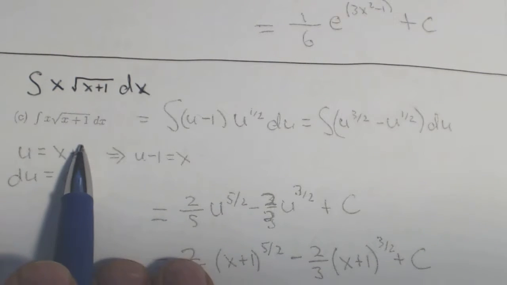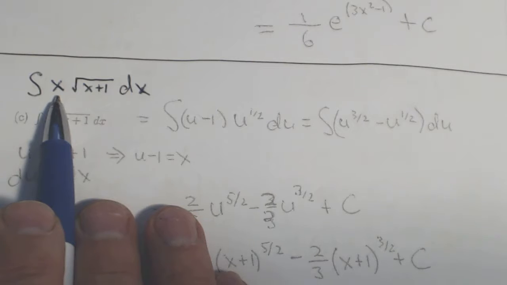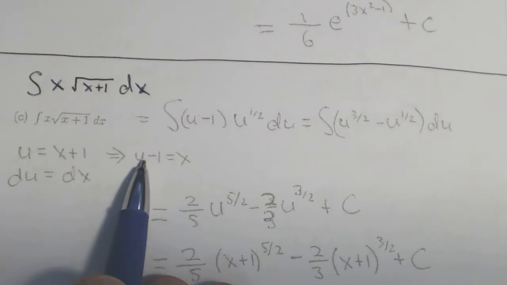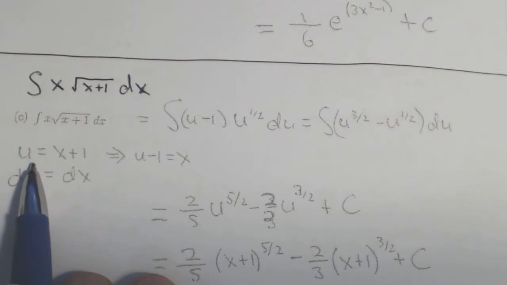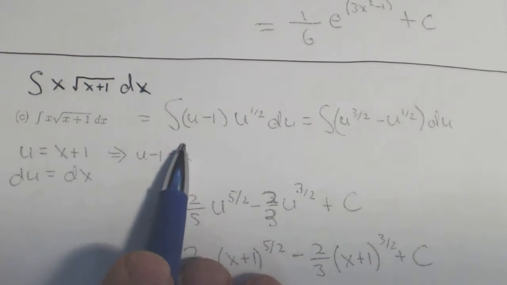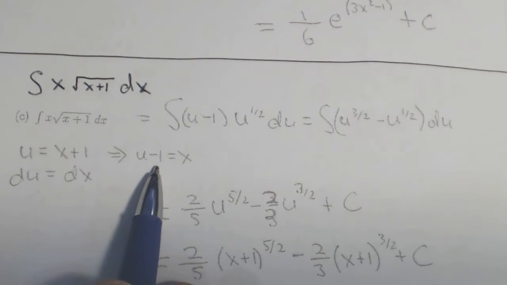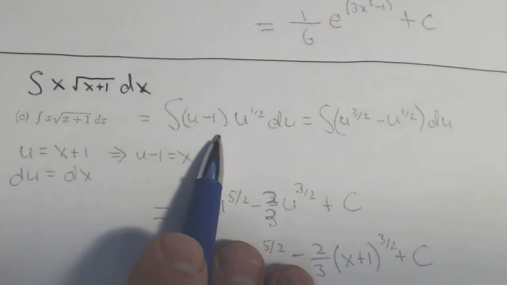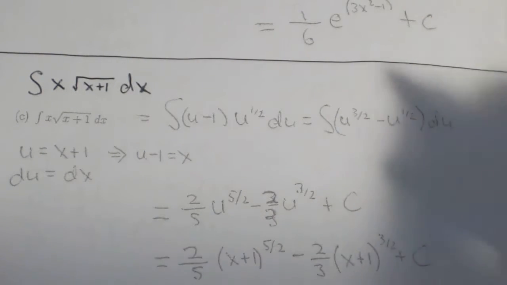But what you have in that case is a leftover x that isn't used anywhere. Here was the trick, if you'll remember. You take this expression and solve it for x, just by subtracting 1 from each side. The x gets replaced with the u minus 1, and the square root of x plus 1 becomes the square root of u, or u to the 1/2 power.